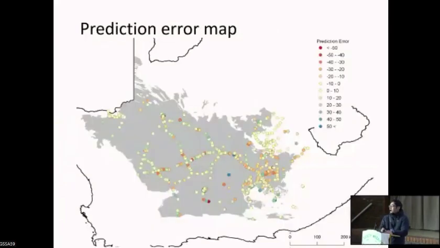When I map these errors, I can see some points. These dark red or dark blue points are the points where the model is very wrong. So there are some places that still need better accuracy in prediction.